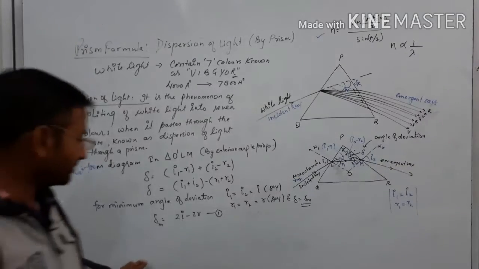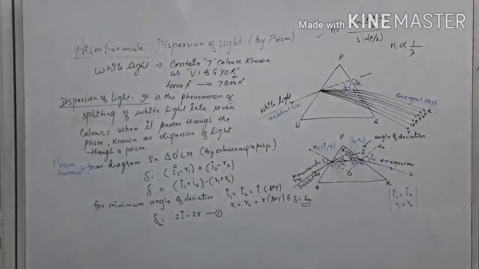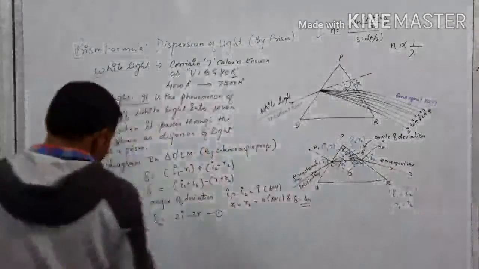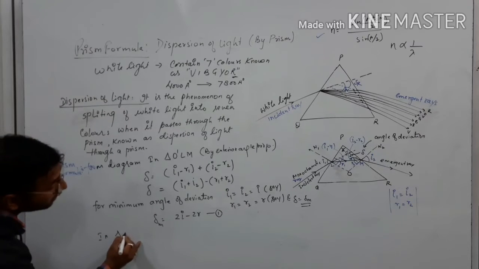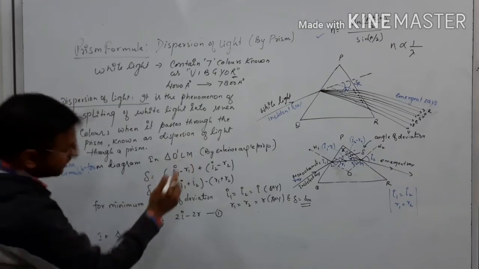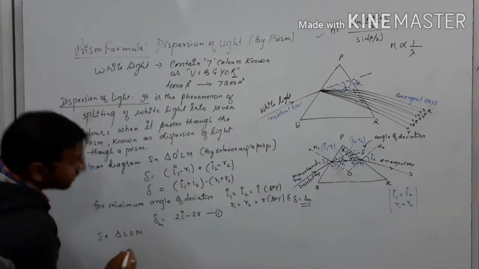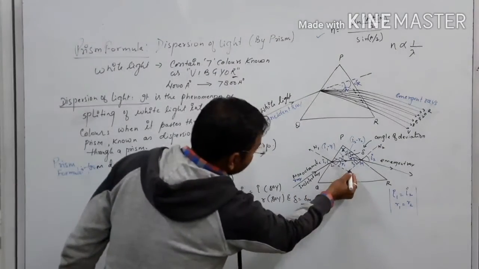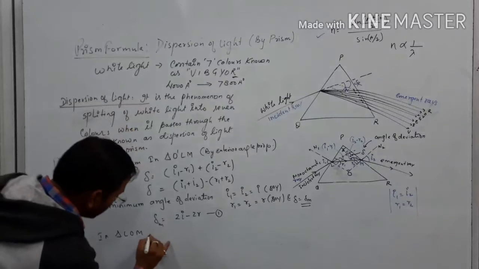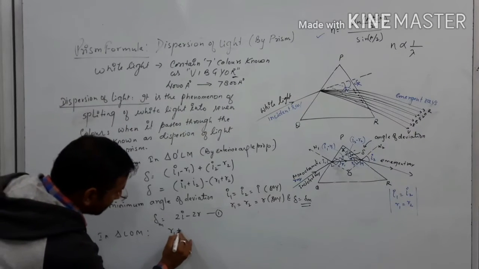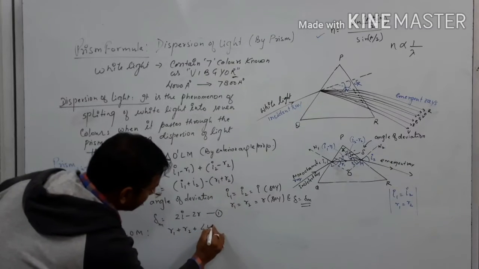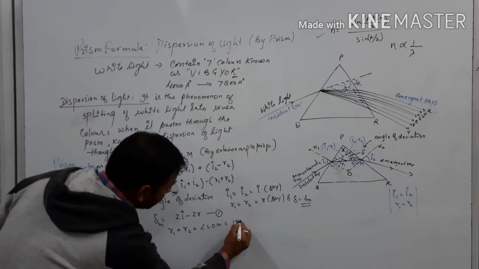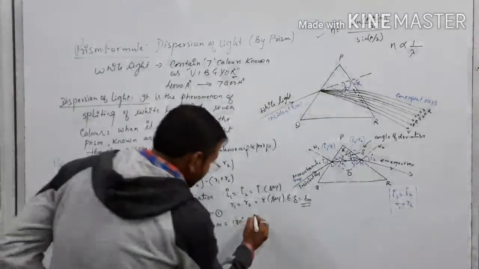In triangle LOM, you can use the triangle angle sum property: R1 plus R2 plus angle LOM is equal to 180 degrees by the angle sum property.